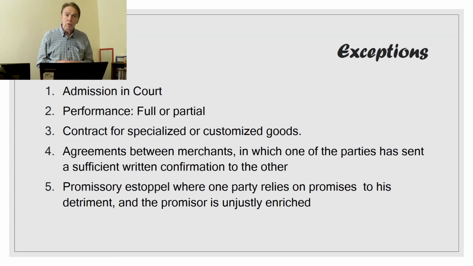so that's specialized goods. It also occurs in cases with an automobile. When I was young, there were a lot of cars that didn't come with air conditioning from the factory, and they would install air conditioning into these cars. And this was a specialized kind of contract, so those kinds of things would have to be in writing.